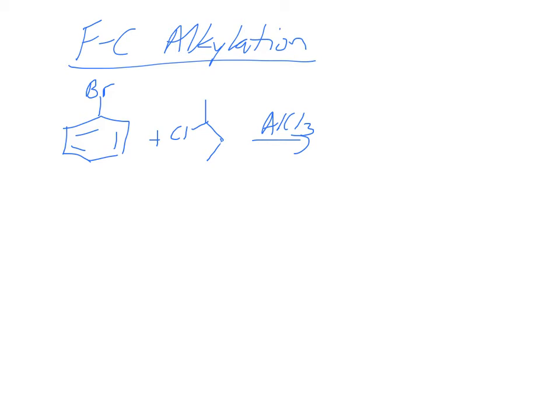Like this. Alright, so we got Friedel-Crafts alkylation. So the first step, we got to identify the electrophile and nucleophile. In all of these ones, what's the first step we have to do? So create that super electrophile, right?